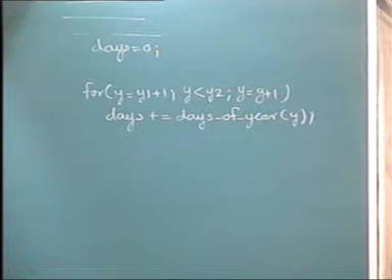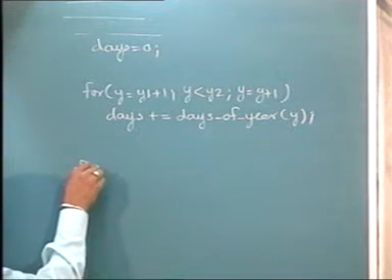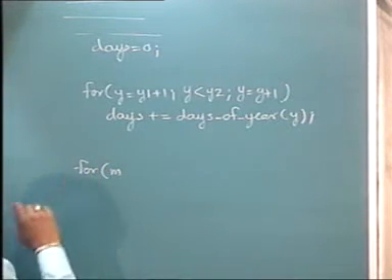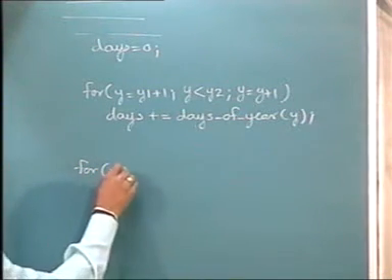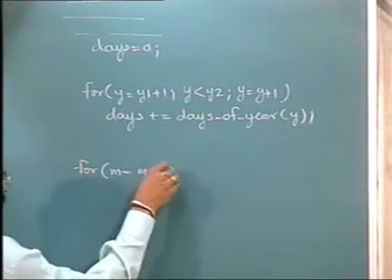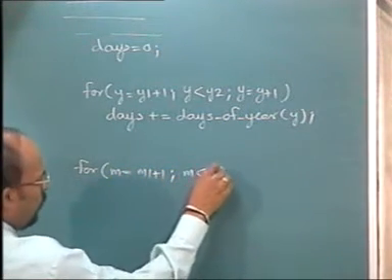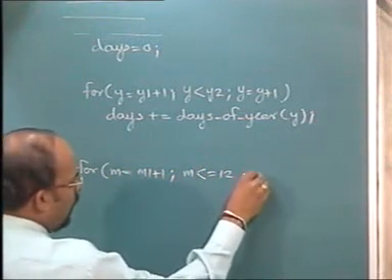Okay, as days of year is working properly, I am not bothered about this for loop at all. Logically we are through. We go further for m equal to m1 plus 1, m less than or equal to 12, m plus equal to 1.